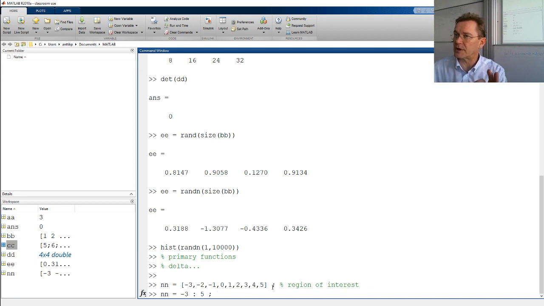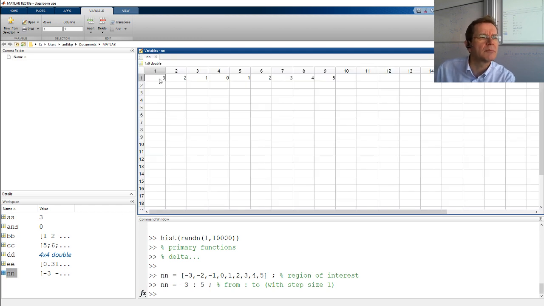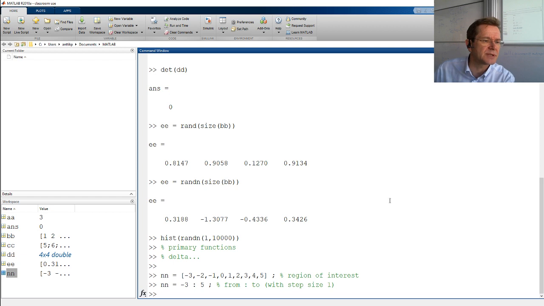So colon operation means from to, with step size 1. There we go. So n is still the same. From -3 to 5. Yes. That's our region of interest.